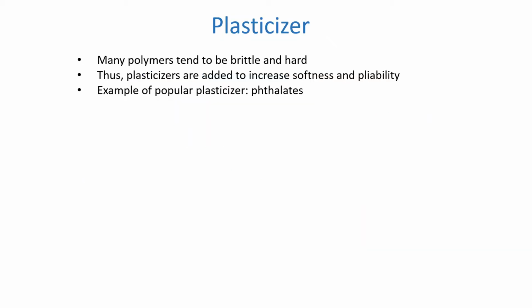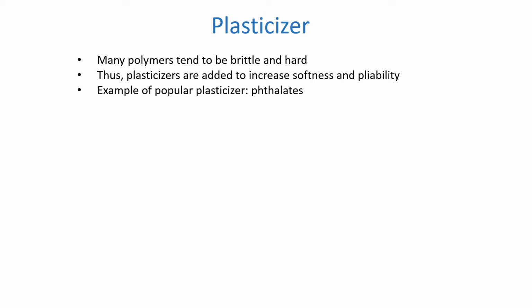Okay, in polymers, we add additives inside them. One of the additives I mentioned in the previous slide is the disulfide linkage to vulcanize the rubber. So that is one additive.